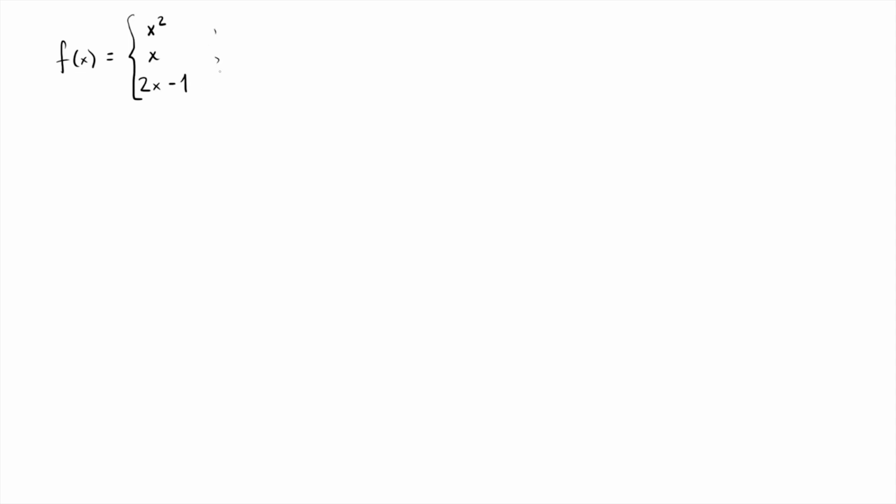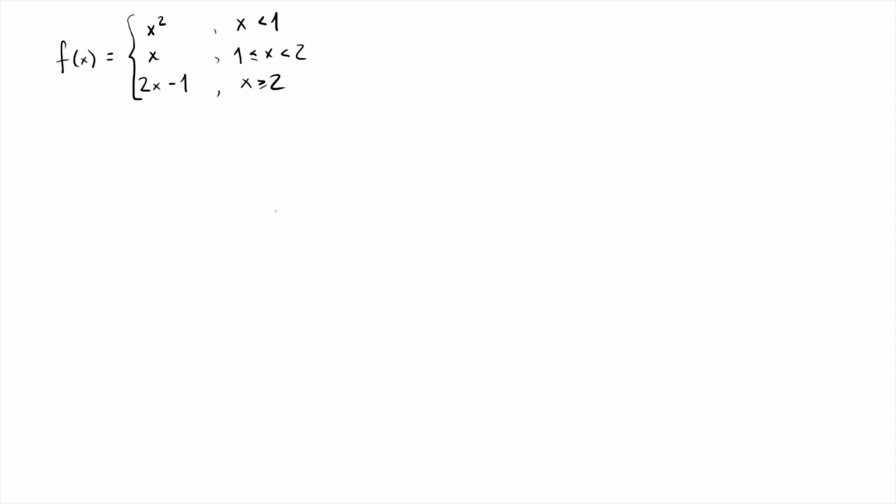Okay, this one is going to be a little bit easier to solve, and our domain is going to be x less than 1. Then it's going to be when our x is in between 1 and 2. And finally, it's going to be when x is greater than 2.